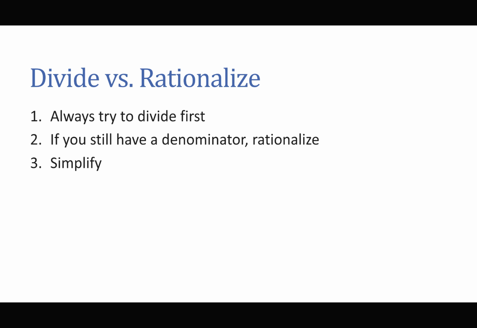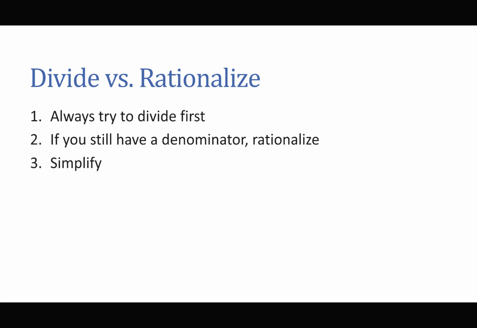So this idea of rationalize the denominator is important, but sometimes we can use the property that we started with and rewrite it as one big radical, simplify what's under the radical, and that takes care of rationalizing, okay? And we'll do a couple examples here to further explain what I'm talking about.